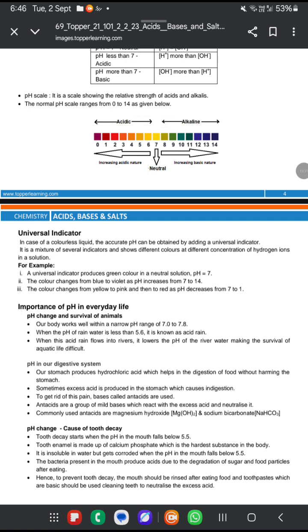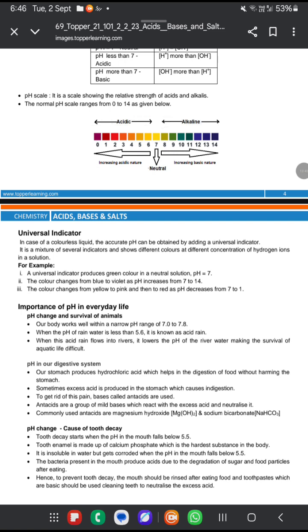Importance of pH in everyday life. pH changes affect animals and plants. Our body works well within a narrow pH range of 7.0 to 7.8. When the pH of rainwater is less than 5.6, it is known as acid rain.